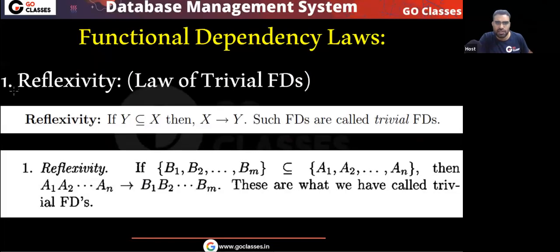Let's see the first rule, that is reflexivity. This rule is basically the law of trivial functional dependency.